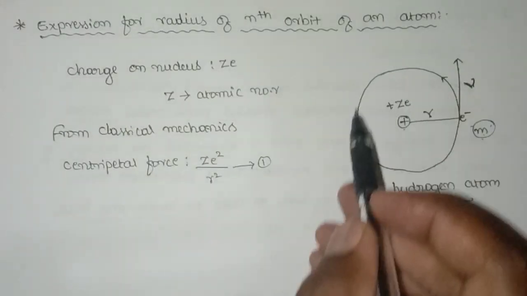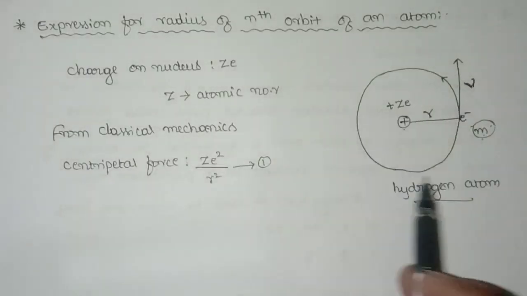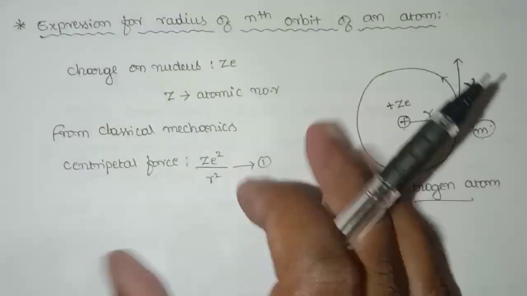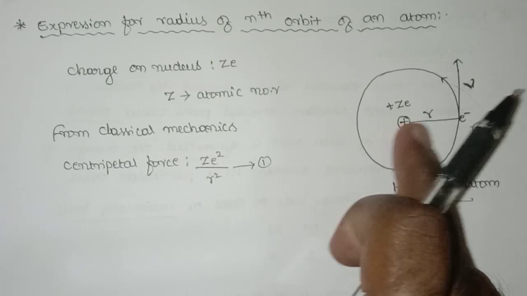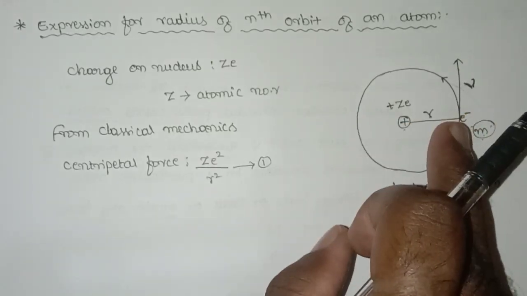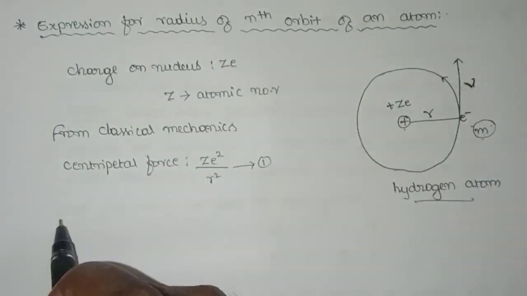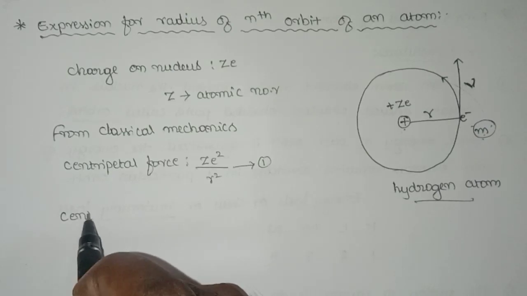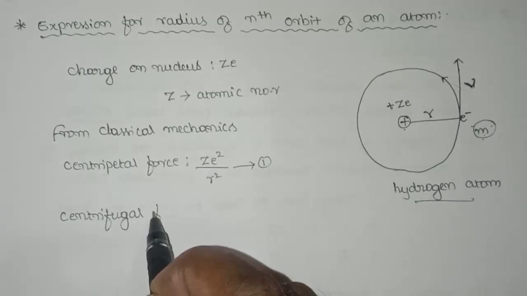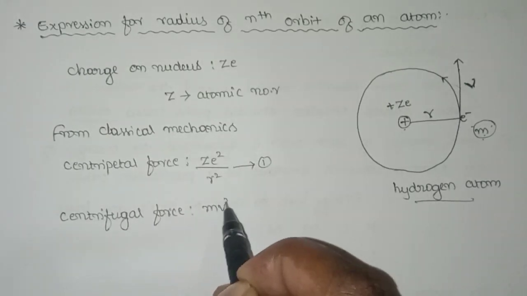When the electron is revolving around the nucleus in a circular path, not only is there the centripetal force which pulls the electron towards the nucleus, the electron will also experience the centrifugal force, which takes the electron away from the orbit. That centrifugal force experienced by the revolving electron is given as mv square by r.